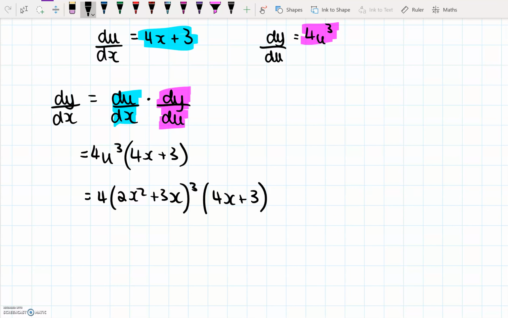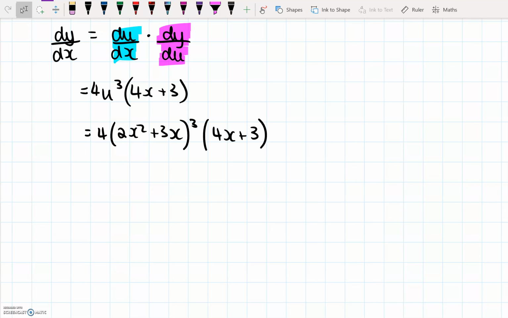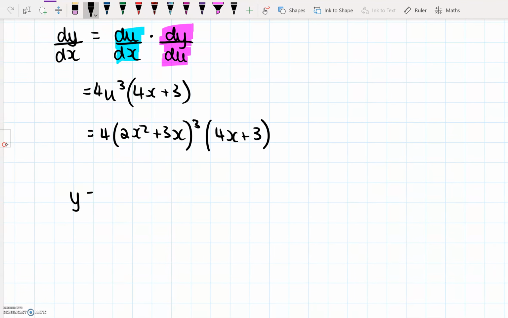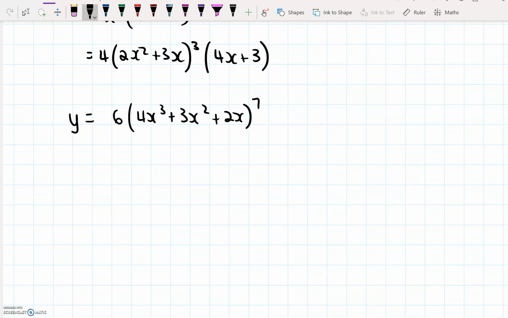So let's do another example just to make sure. Let's say that we had y is equal to 6(4x cubed plus 3x squared plus 2x) to the power of 7, and we want to differentiate this.